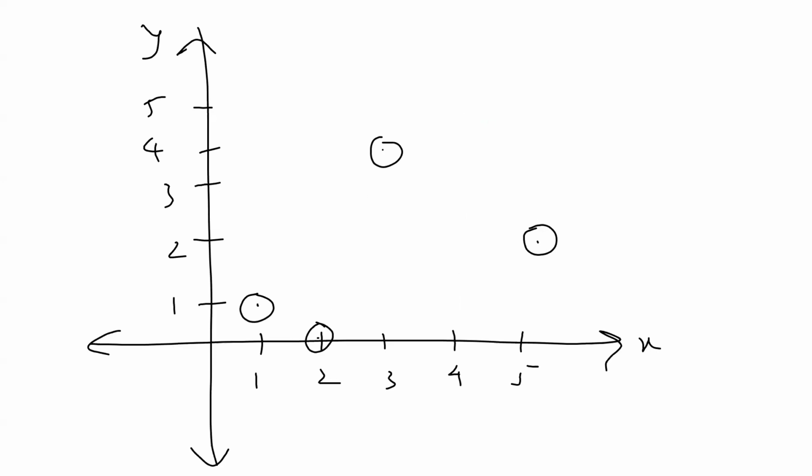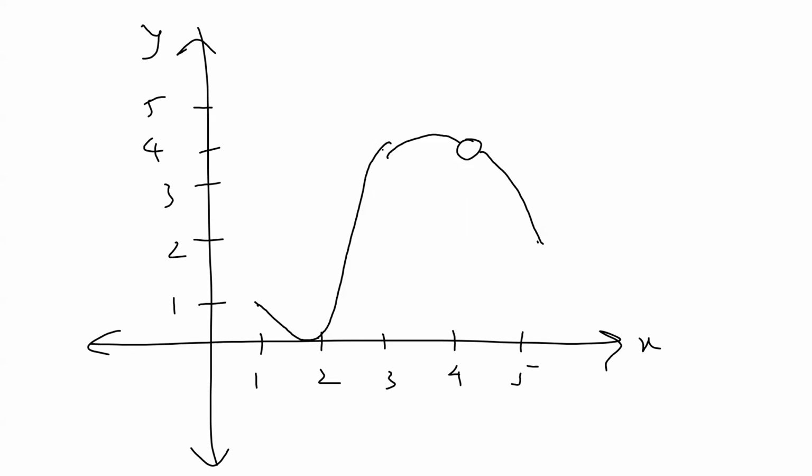There is a break in the graph, as in this will be like this, and then when x is equal to 4, there won't be any value over here. Okay, and then this. So the graph will be something like this. So when x is equal to 4, y will not have any value.